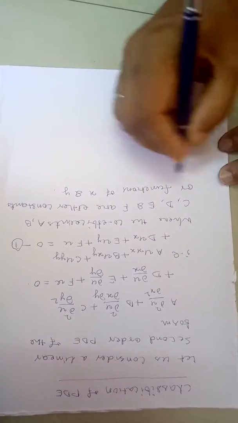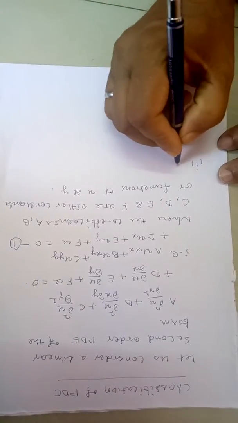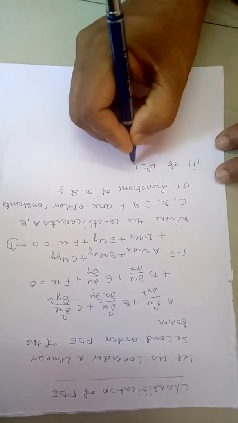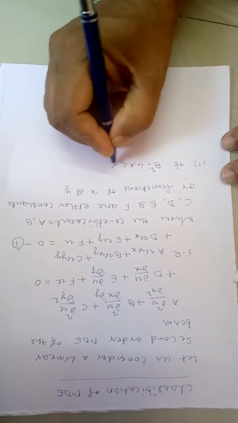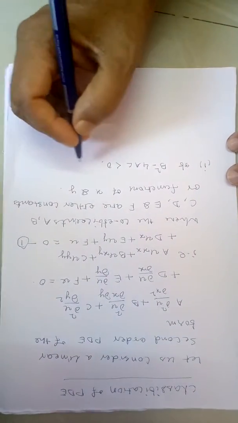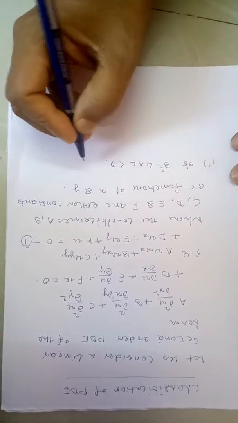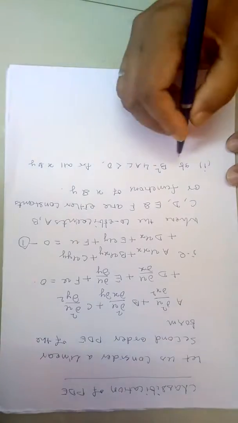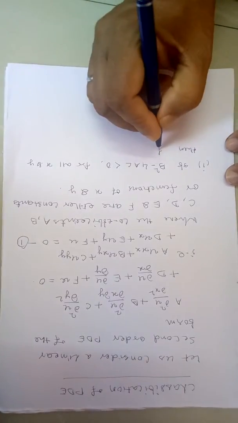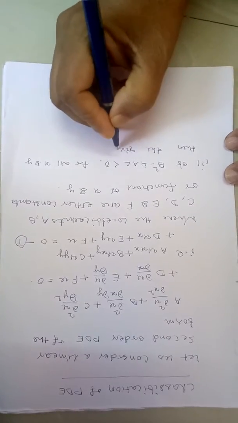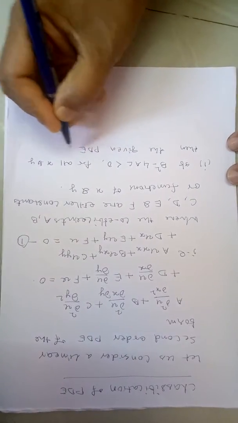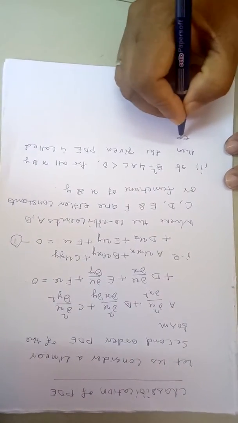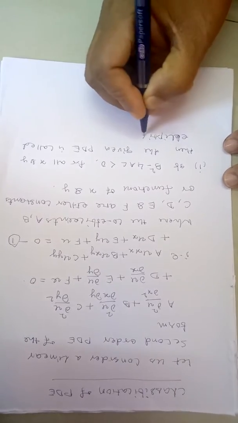So first one is, if b square minus 4ac is less than 0 for all x and y, then the given PDE is called elliptic PDE.